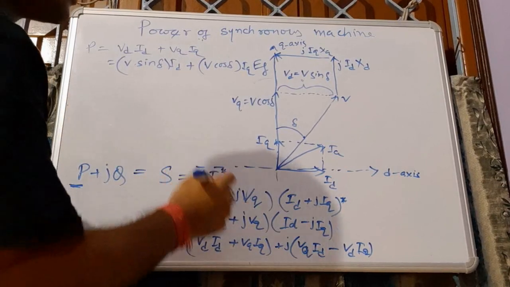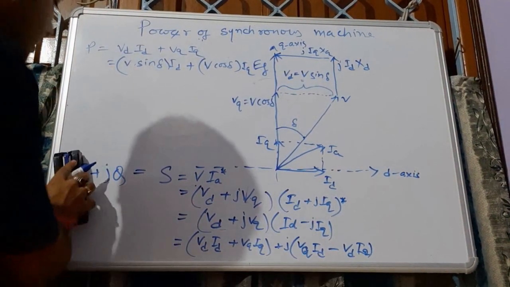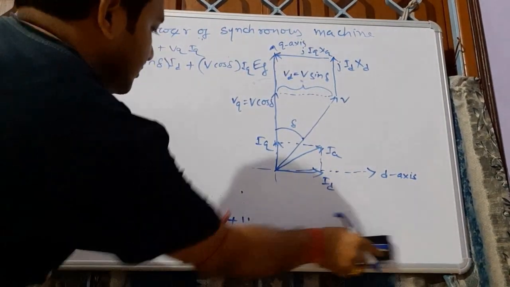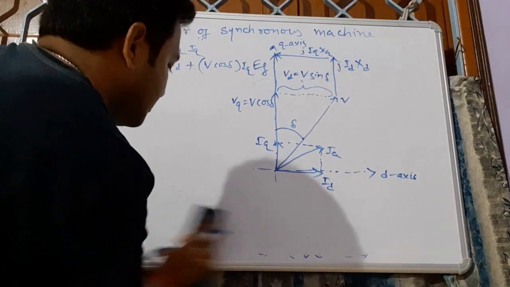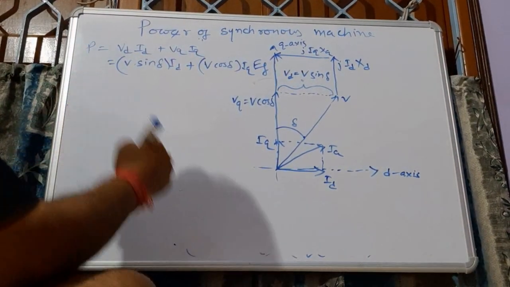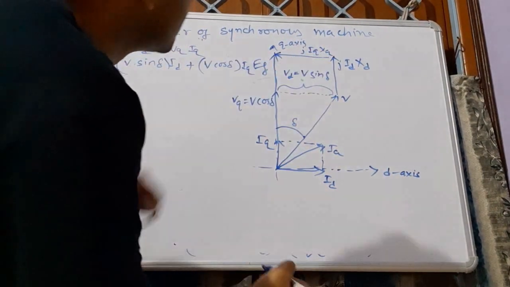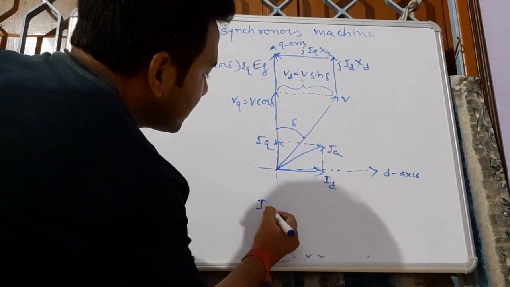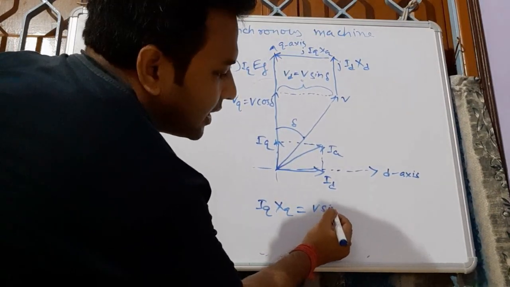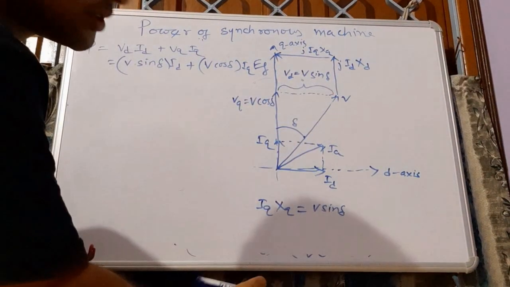Now this IQ XQ is equal to V sin delta, this portion equals this portion.